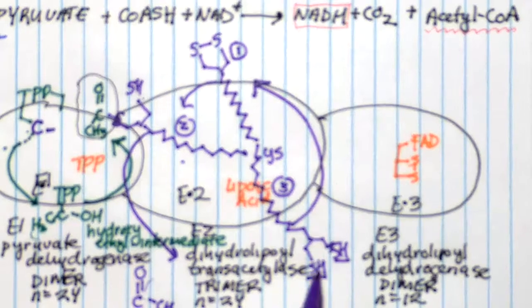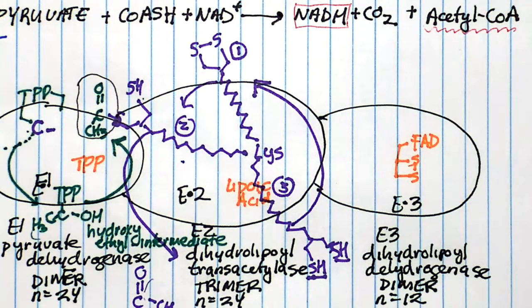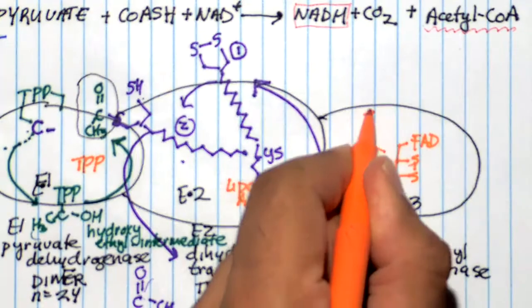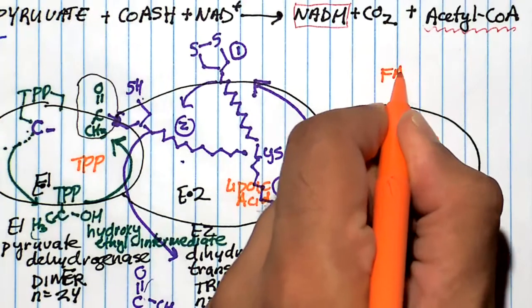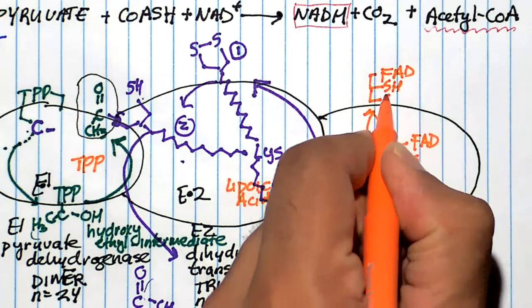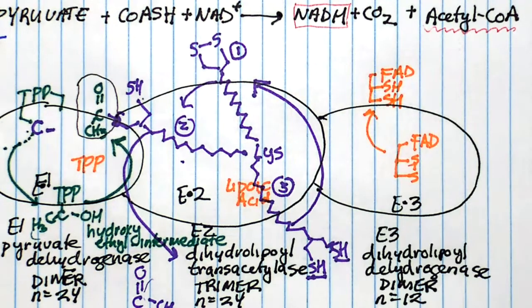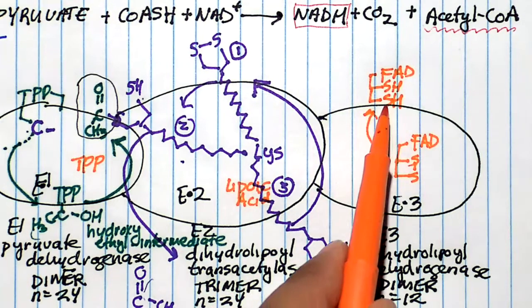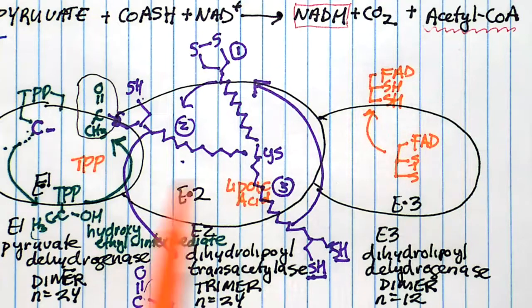So we go back here, and where do these 2 electrons go? These 2 electrons are going to go here. SH, SH. All right. And now how do we get this form back to the original form so that the whole catalysis can proceed again?